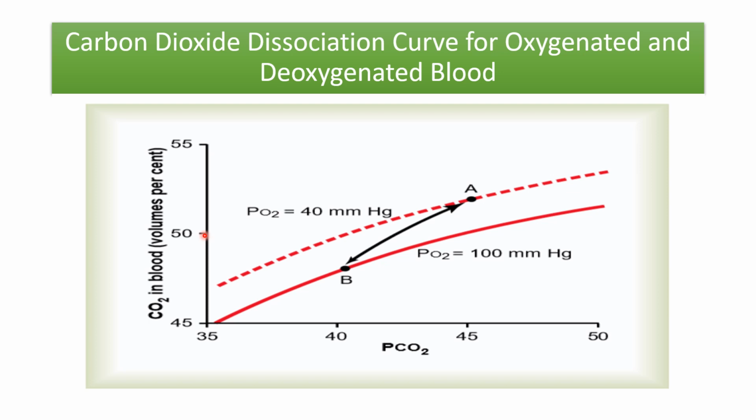So, what does it mean? Due to the more oxygen in the oxygenated curve, or you can say in the lung, carbon dioxide content falls to 48%. Otherwise, it would be 50 volume percent. Thus, the Haldane effect doubles the amount of carbon dioxide released from blood into the lungs.